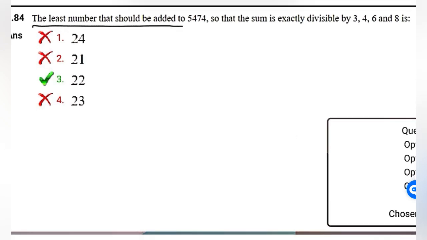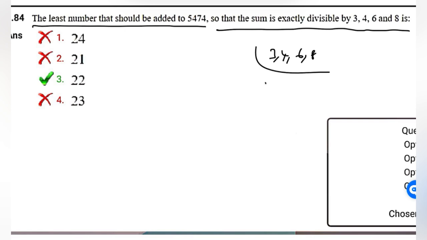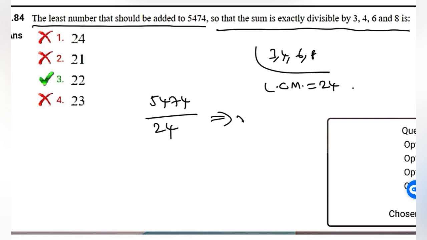The least number that should be added to 5474 so that the sum is exactly divisible by 3, 4, 6 and 8 is. Let's take LCM of 3, 4, 6 and 8, and the LCM is equal to 24. If we divide 5474 by 24, then remainder is 2.